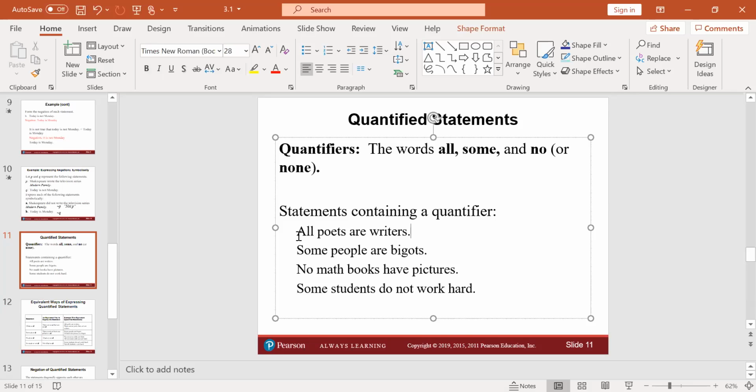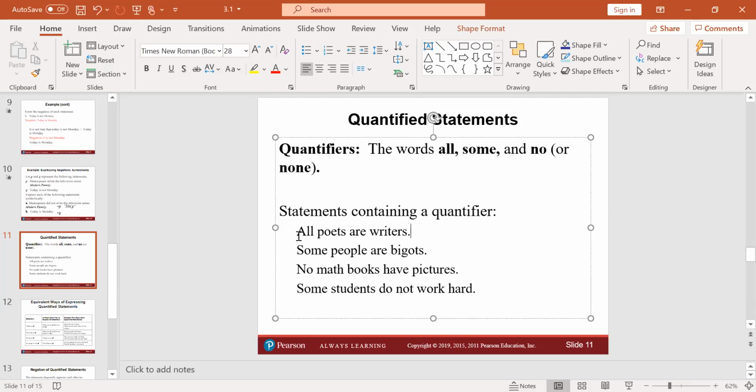When I use the word all here, I'm saying that if I pull someone who's a poet, let's say T.S. Eliot, they're automatically also what? A writer, exactly. Now let's go the other way with it. Let's say I pick a writer. How about Stephen King, very famous horror writer. You've guaranteed you've seen a movie based on a King novel.